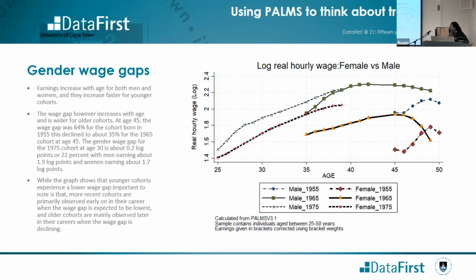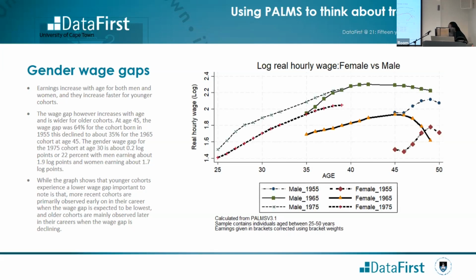So what we see here, what has happened to the wage gap in South Africa, is that the two theories are true: earnings increase with age, and the wage gap is much narrower for the younger cohorts and it widens for older cohorts.